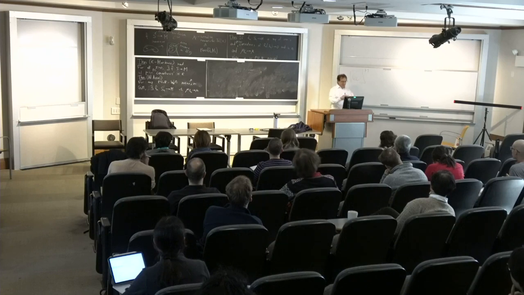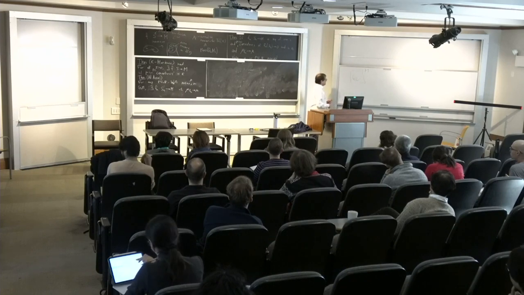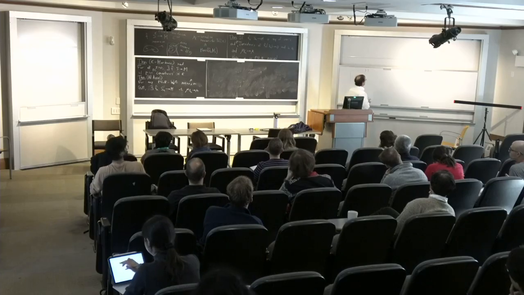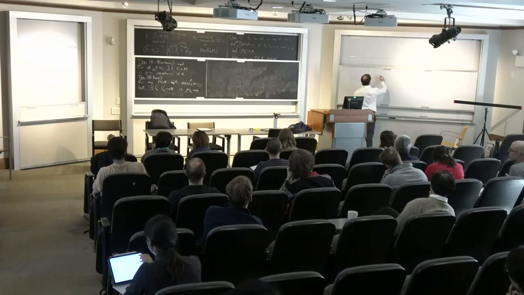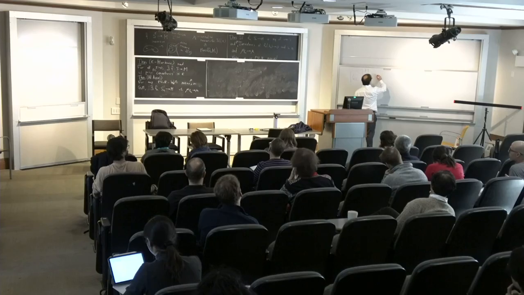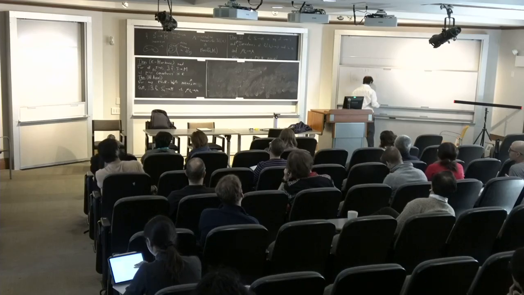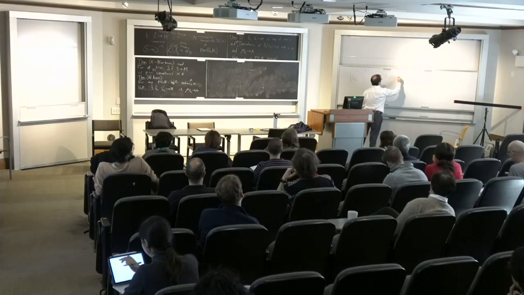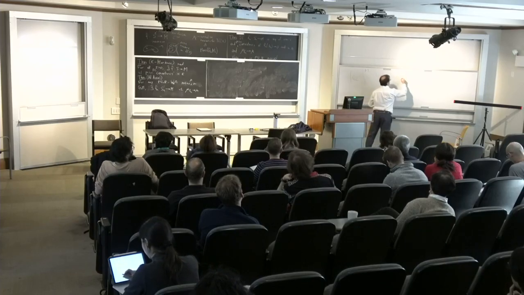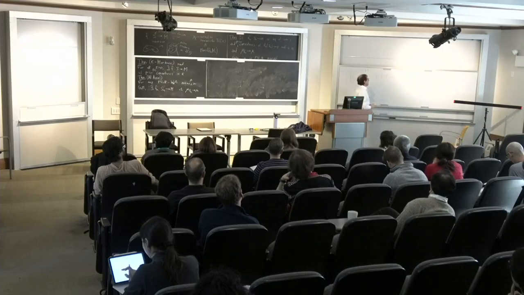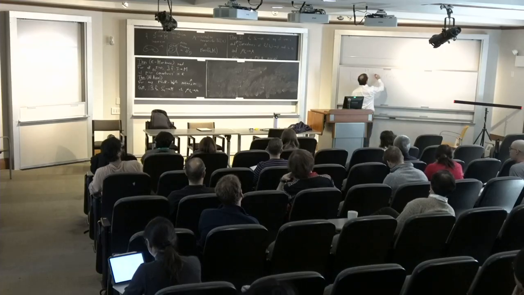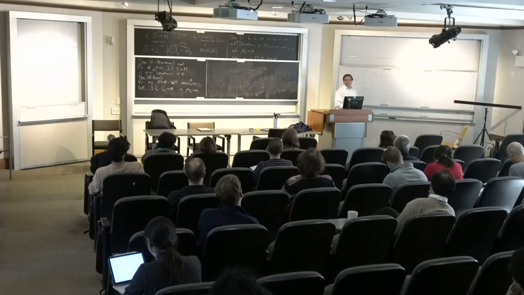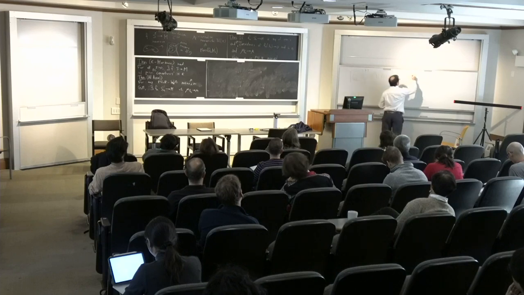I think you can again make it connected if you want. But what if we take a random geodesic? We could take the disjoint union of all gamma such that the length of gamma is less than some constant, take a measure for this disjoint union, and ask what it converges to.